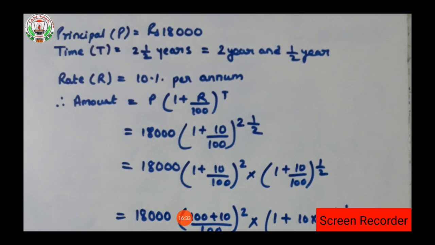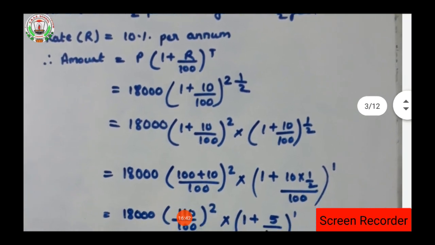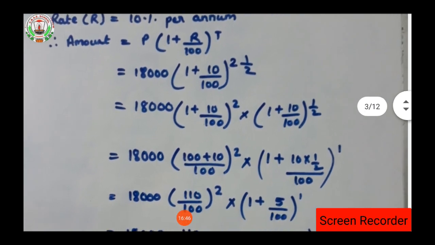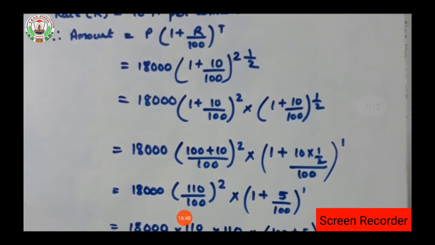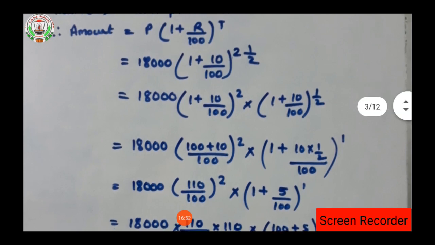Annually, that means yearly. Okay, so again we will do the same as the first A part question. So what is the amount formula? Amount is equal to P into 1 plus R upon 100 to the power T, isn't it? What is the value of P we are having in the question? 18,000. R we are having 10%.